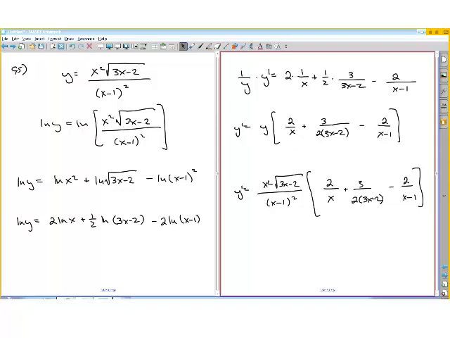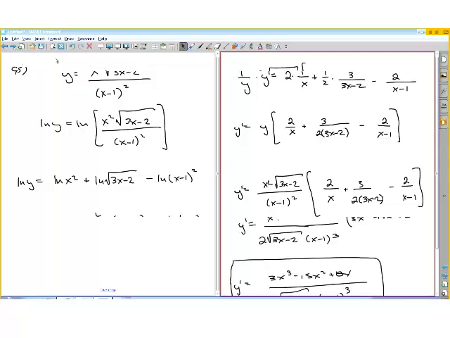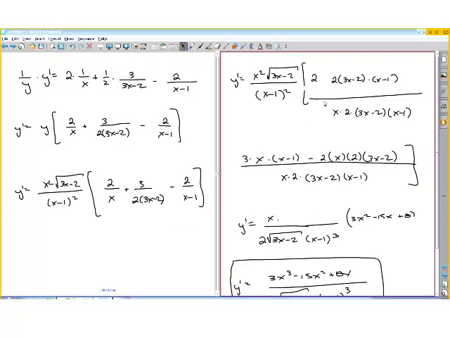Okay, so then what we did is we multiplied both sides by y to solve for y prime. We plugged y back into the original equation. Then we found a common denominator, which is this times that times that, times that times that. And so to get this numerator, we took this times that times that. To get this numerator, we took this times that times that.